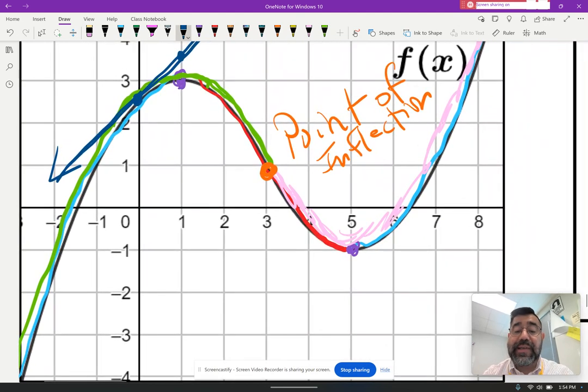Whereas if I were to take, I don't know, maybe this tangent line approximation, and if I were to approximate the point on the graph at 5 with the point on the line, I would see that this is an underestimate because the tangent line is under the graph. And that happens when my concavity is concave up.